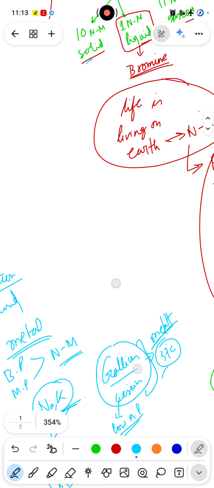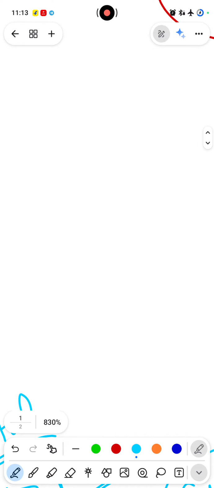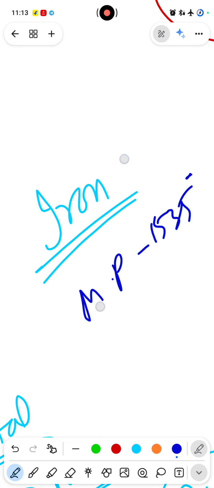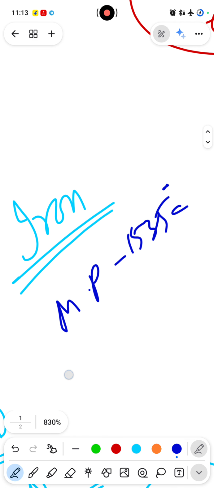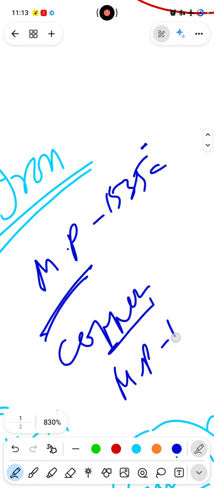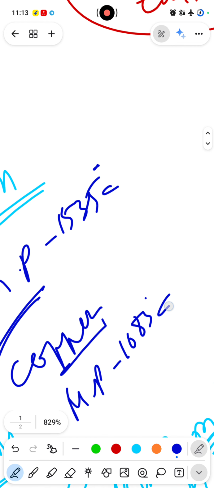Now if I talk about very high temperatures, for example in the case of iron, the melting point of iron is 1535 degrees Celsius, and copper also has a very high melting point, that is almost 1083 degrees Celsius.